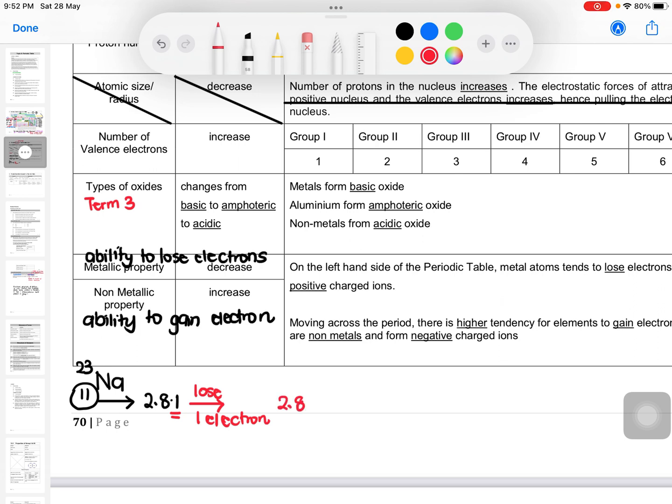Let me draw this in diagram form. If I have 2.8.1, sodium, 2.8.1. Because I want to obtain a stable electronic configuration, it is easier for me to lose one electron.